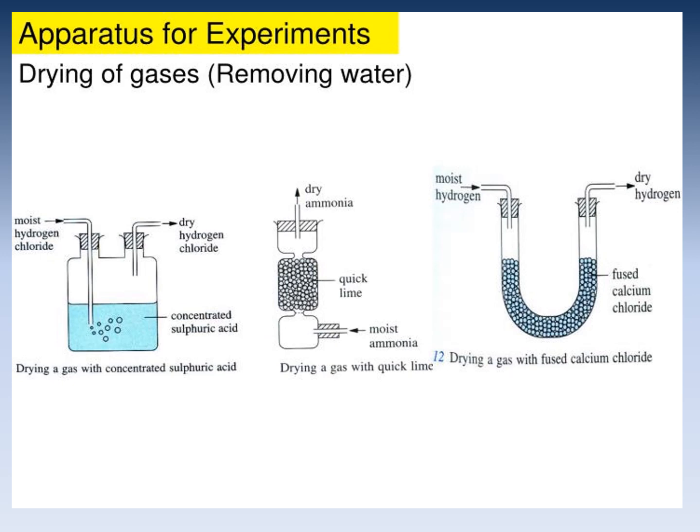In diagram number 2, quicklime, calcium oxide, is used to dry gas, and the gas we dry using quicklime is ammonia. In the third diagram, fused calcium chloride is used to remove all traces of water, and it can be used to dry most gases.